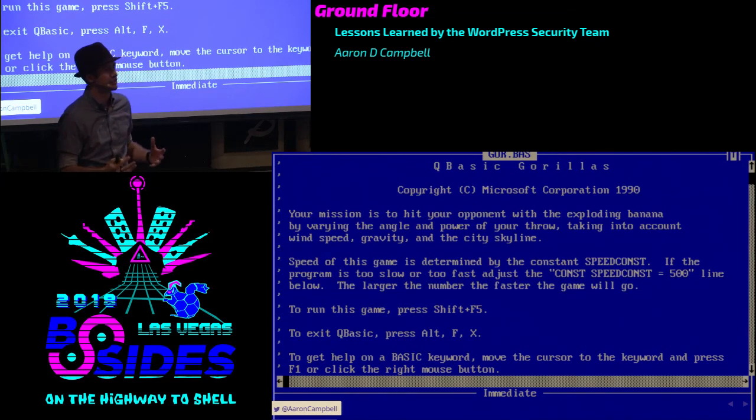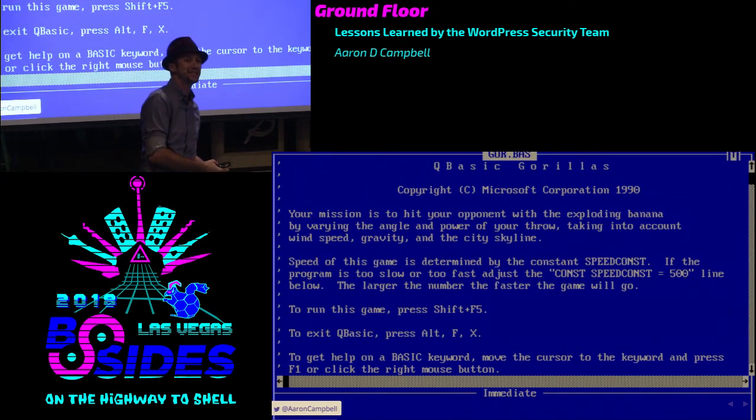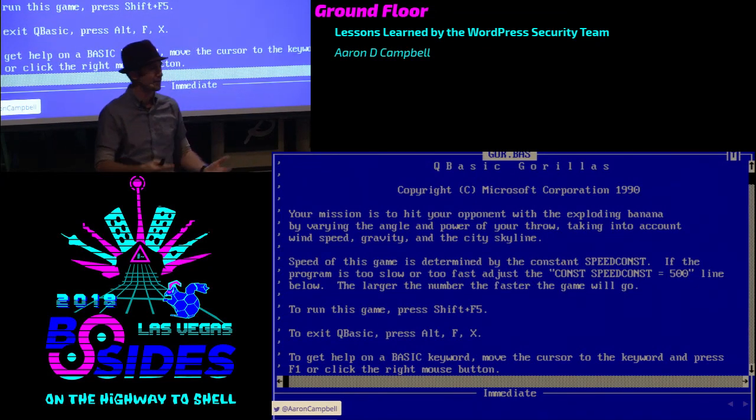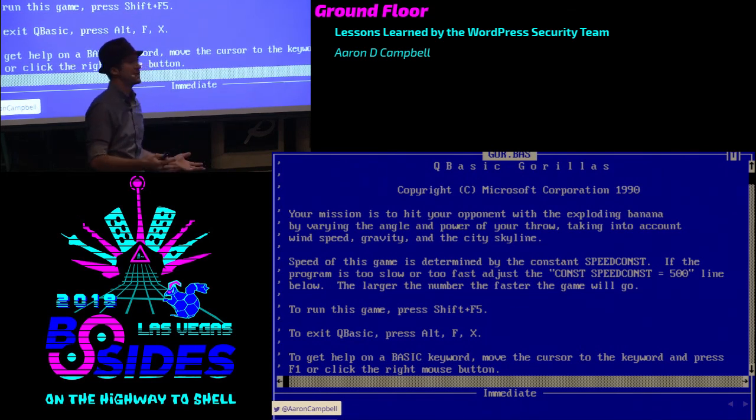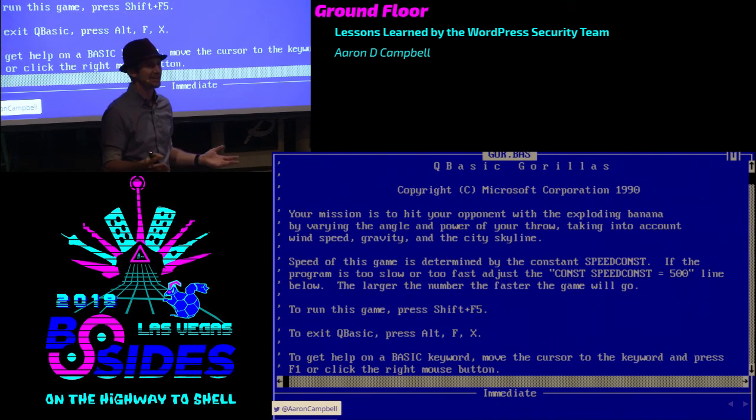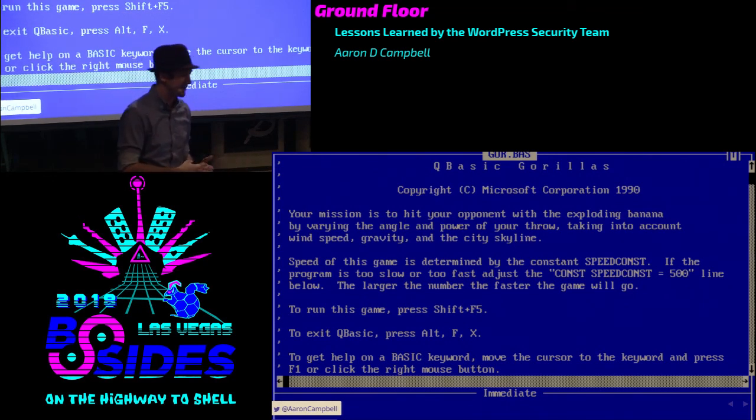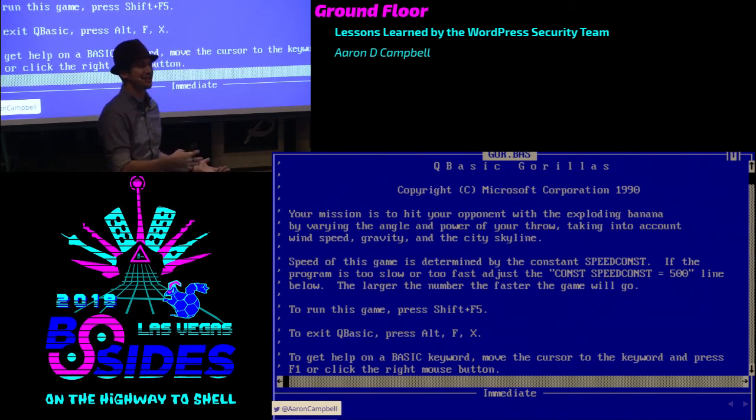Gorillas was not distributed to showcase what PCs were capable of around graphics and gameplay. It was distributed to showcase QBasic, Microsoft's integrated development environment for the BASIC programming language, so it was distributed as source code. It was open source.